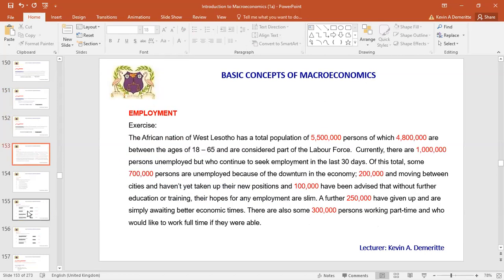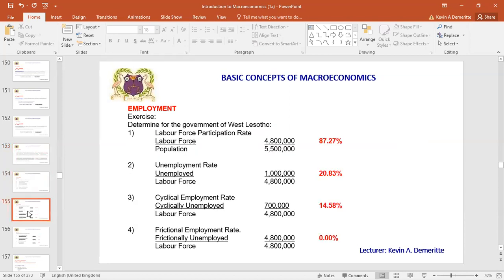Do we have people like that? 200,000 moving between cities, yes, and haven't taken up that new position. So we make this 200,000.